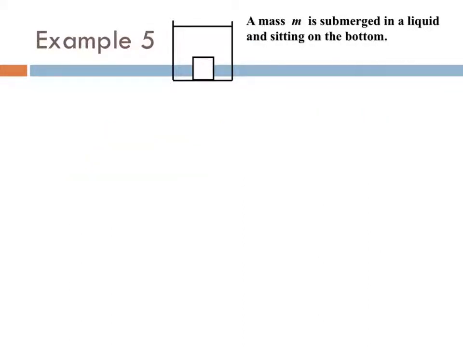Here we have a mass m submerged in a liquid and sitting on the bottom. Now, don't forget that because we are at the bottom, you do still have your force of gravity acting on it. Now you have a buoyant force pushing up, but you also have a normal force being provided by the bottom of this container.